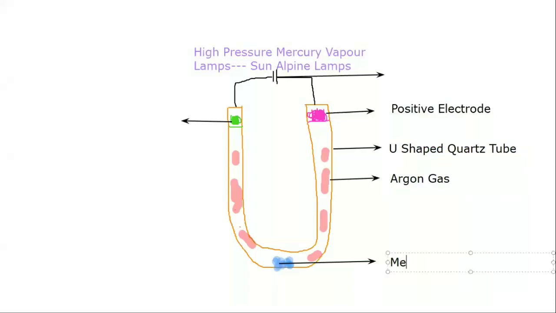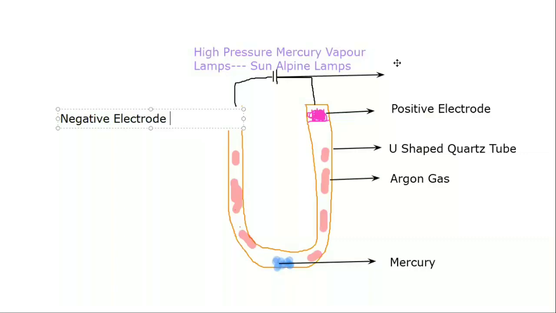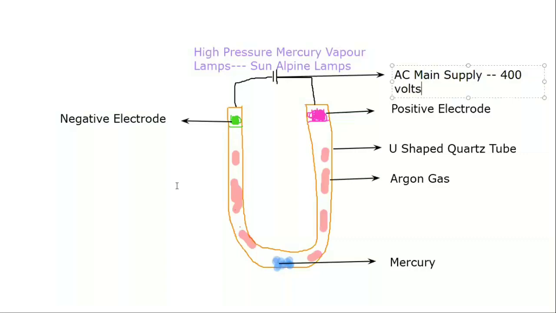This is mercury. This one is the negative electrode. And this one is my AC main supply, 400 watts. Okay, so this is nothing but your high pressure mercury vapor lamp, as the heading says.